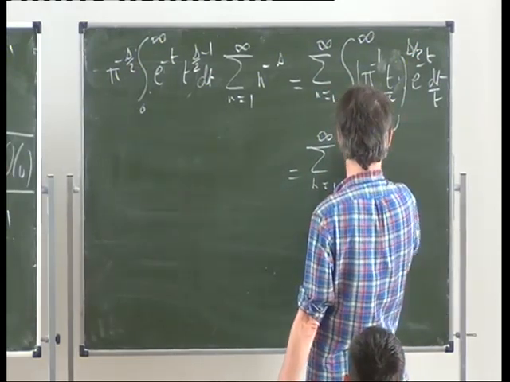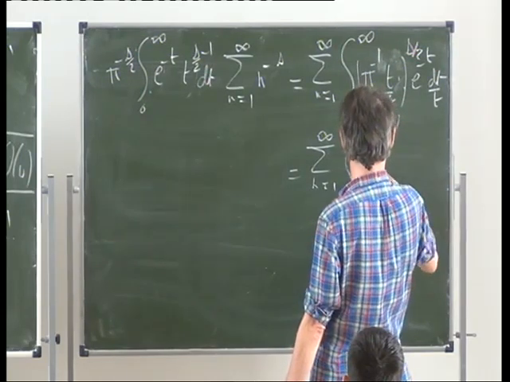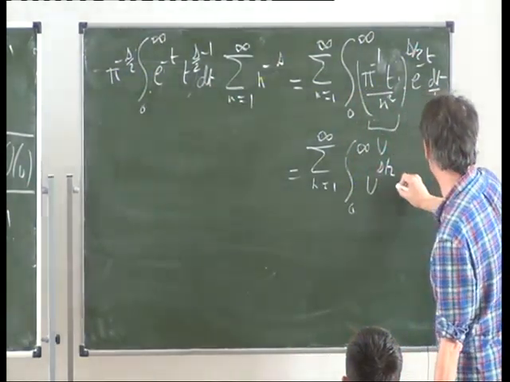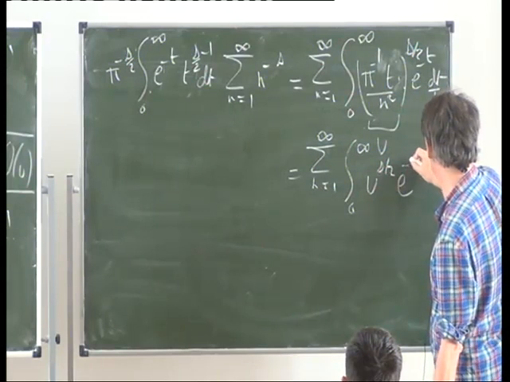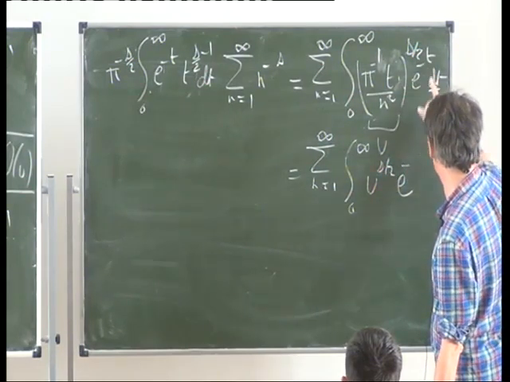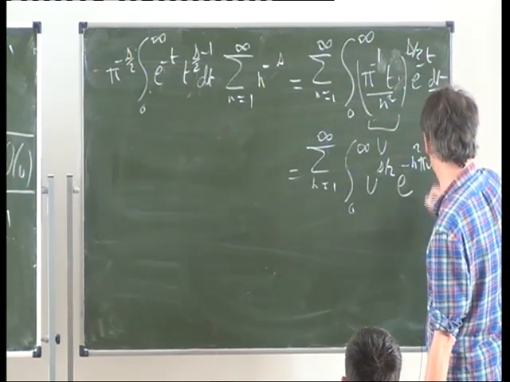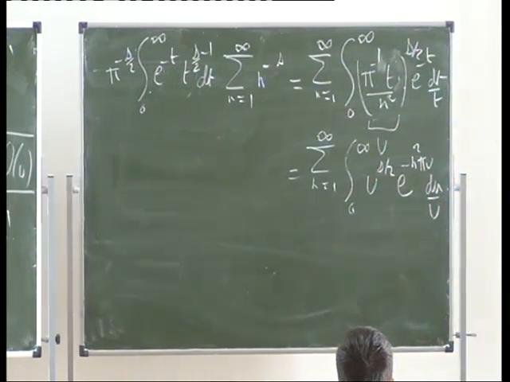So if I do that, I get the sum from n equals 0 to infinity of the integral of u to the s over 2, and here I get exponential minus, with t equal to n squared times u, du over u.